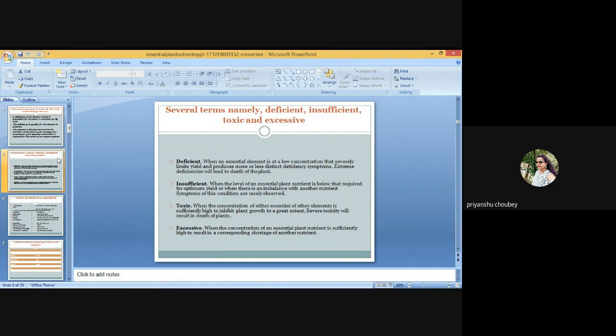Third period: magnesium, phosphorus, sulfur, and chlorine. Fourth period: potassium, calcium, manganese, iron, nickel, copper, zinc. And fifth period: molybdenum.